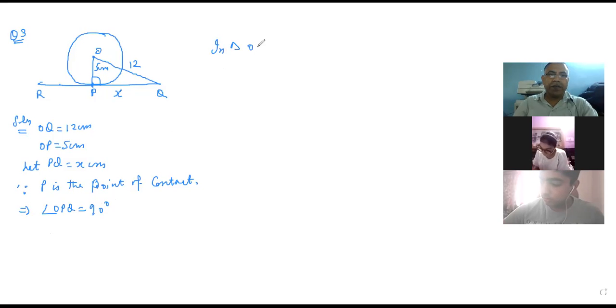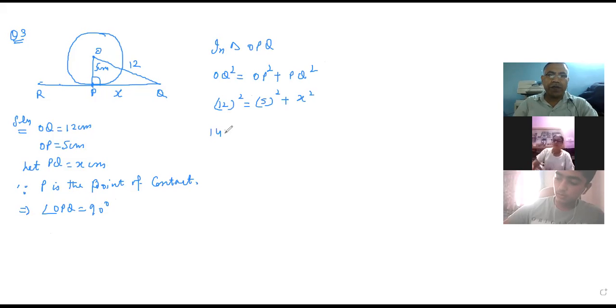Now in triangle OPQ, OQ square is equal to OP square plus PQ square. So this is 144, 25. So you can subtract, 119.